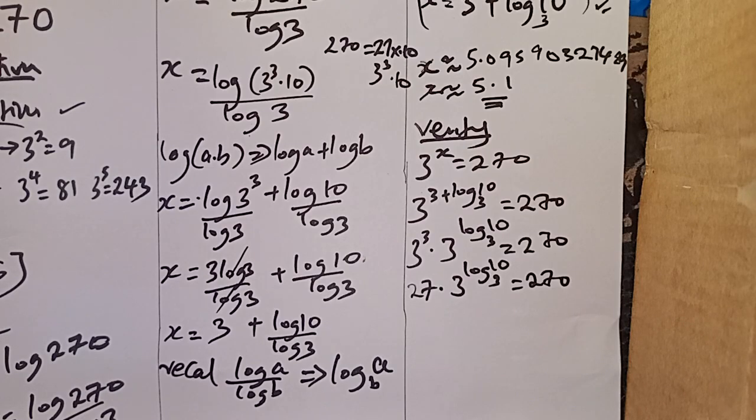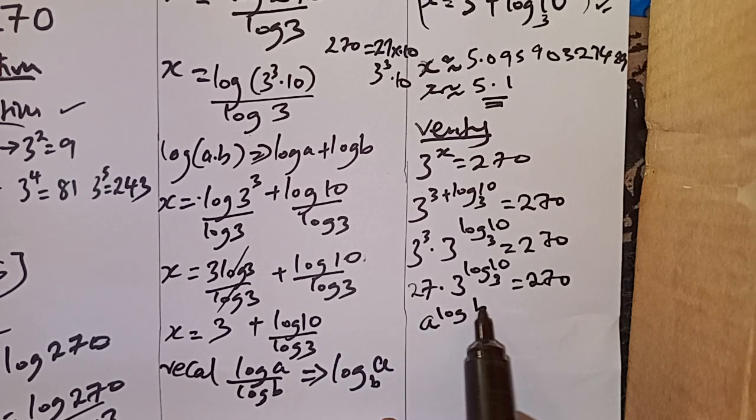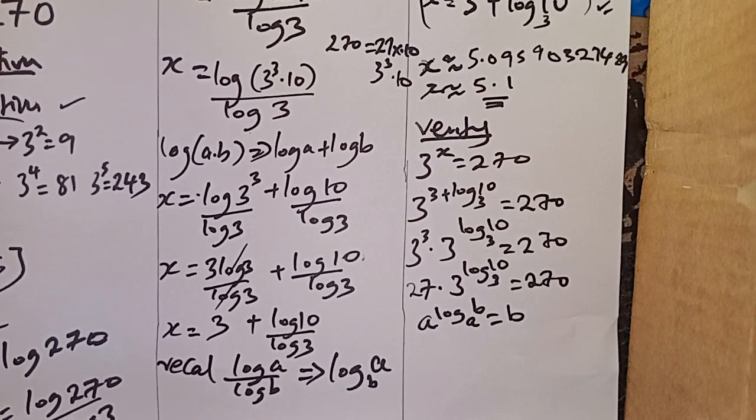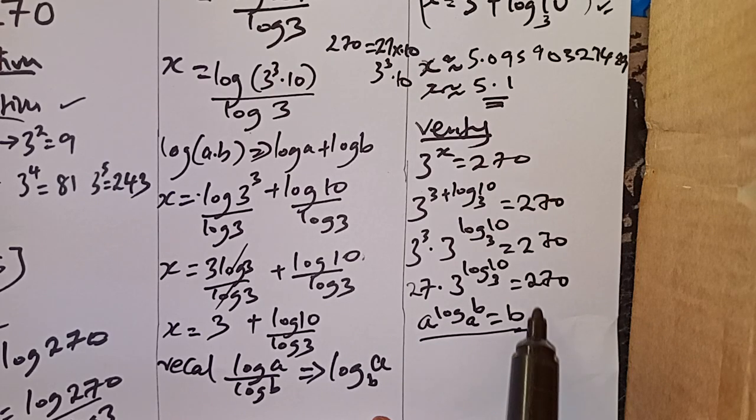You also have a very important law of exponents that says that wherever you have a raised to the log of b base a, since the bases are equal, that gives us the value of b.